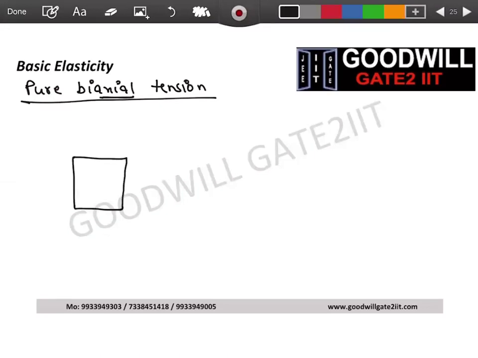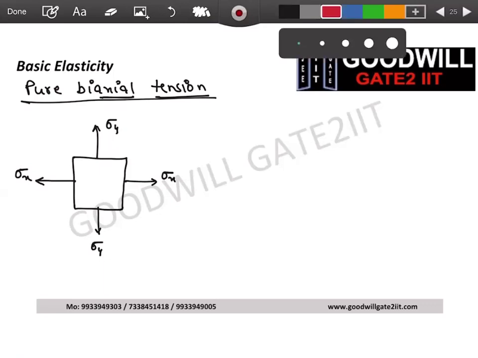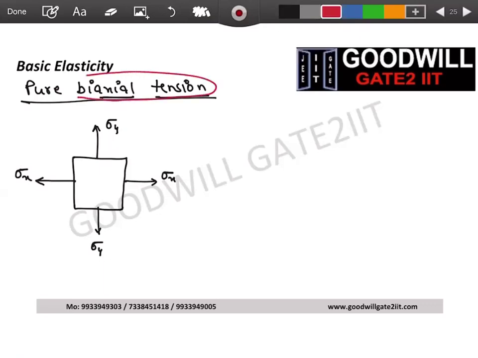Axial means normal, bi means in both directions, and tension. So in one direction, this is axial and tension. In another direction, it is axial and tension. Tension means both are positive. This is the meaning of biaxial tension.